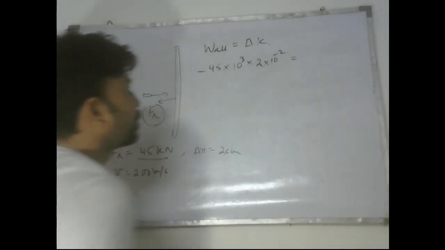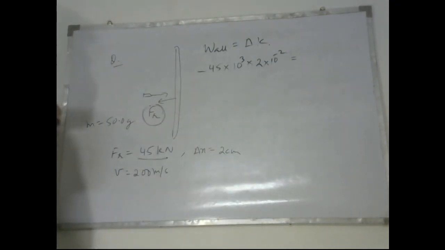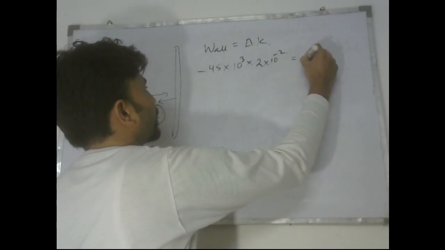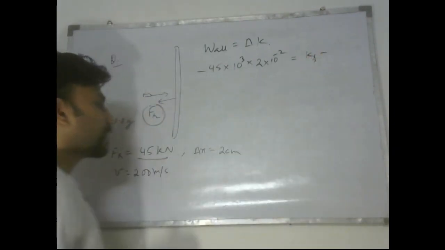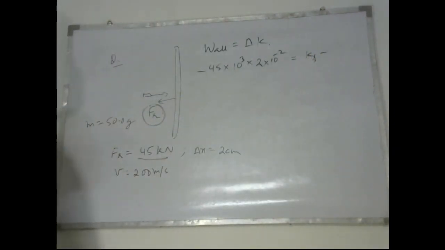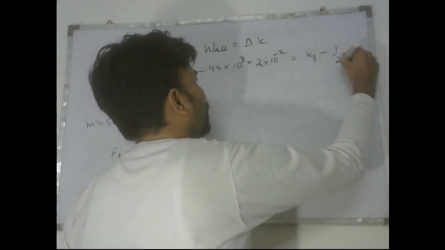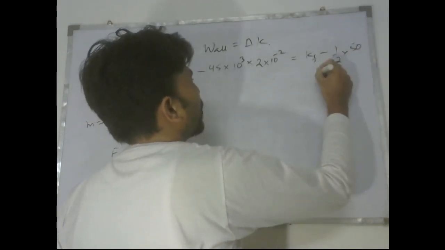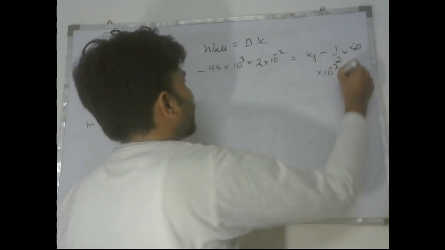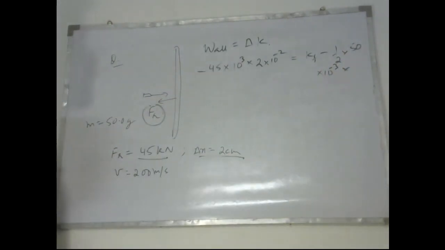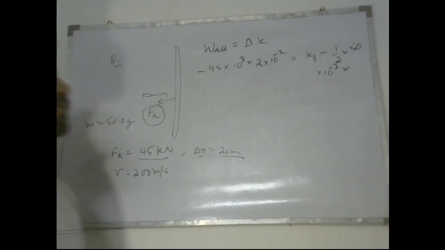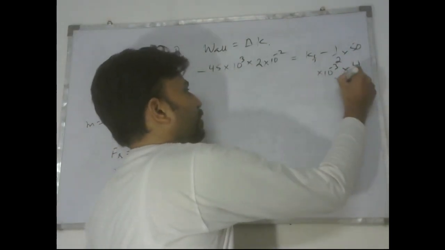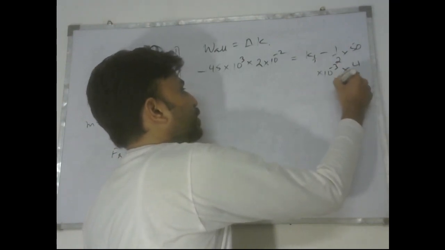So this work done should be equal to the final kinetic energy of the bullet, let's say Kf, minus the initial kinetic energy, that is half mv square: half times the mass of the bullet, 50 gram, 10 to the power minus 3, into the velocity squared, which is 200, so that will be 4 times 10 to the power 3 meter square.